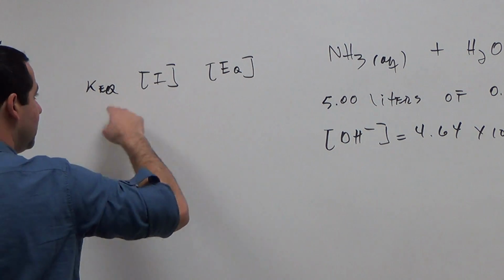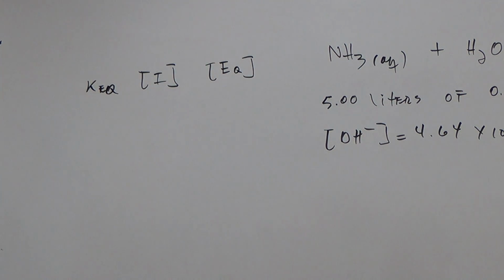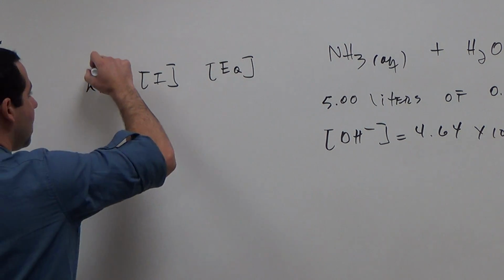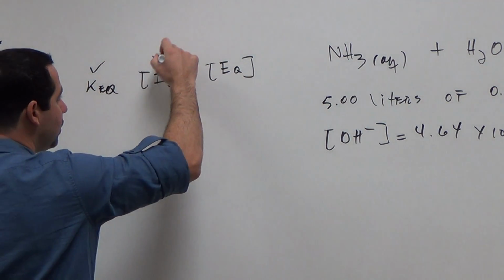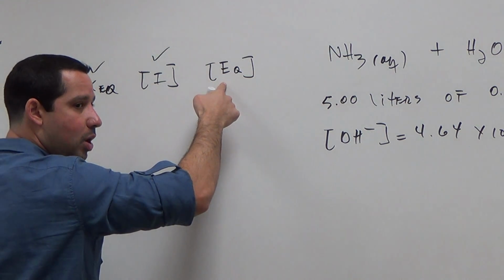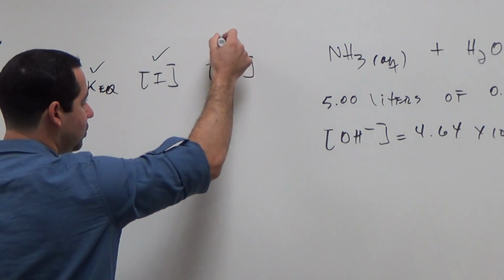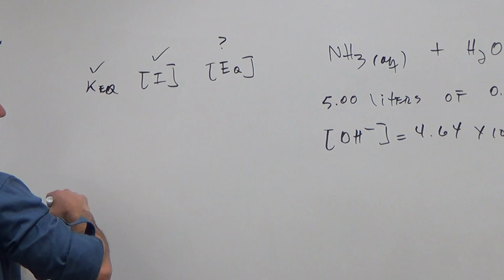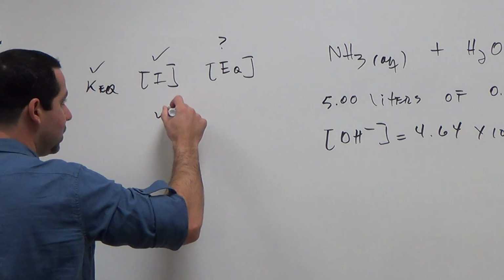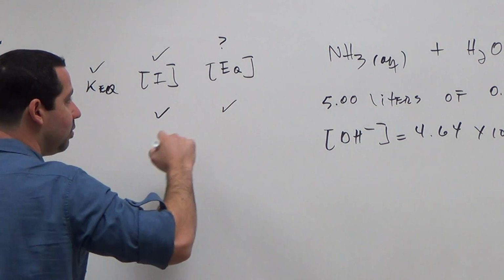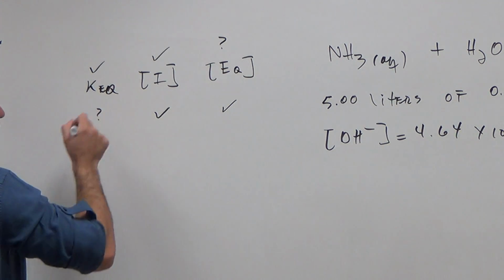Whichever one of those three you are missing, and you are given the other two, you are going to perform the same mathematical operations. So if I have the equilibrium constant and I have the initial information, can I find the equilibrium concentration? The answer is yes. If I have the initial information and equilibrium information, can I find the equilibrium constant?